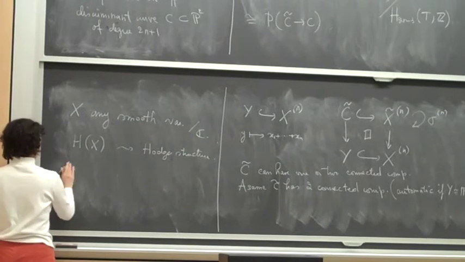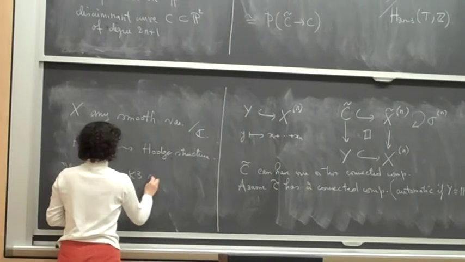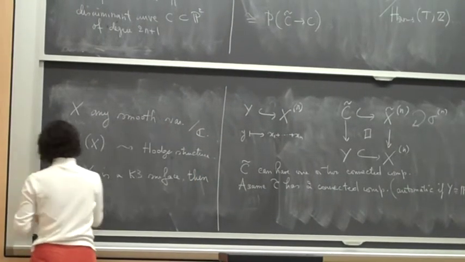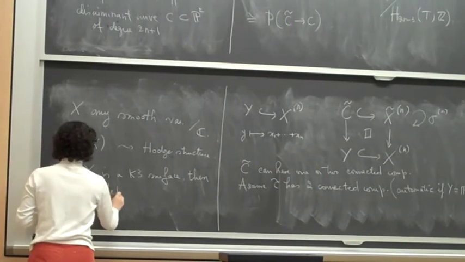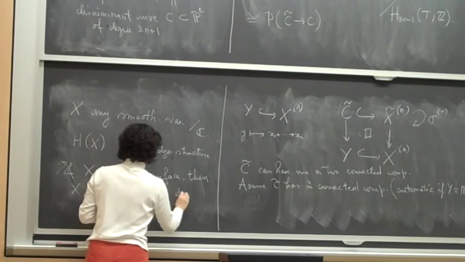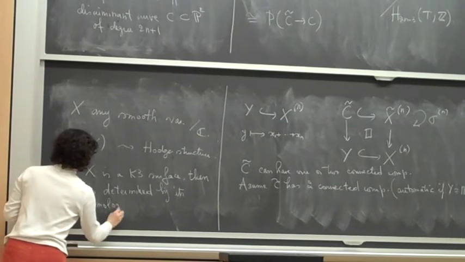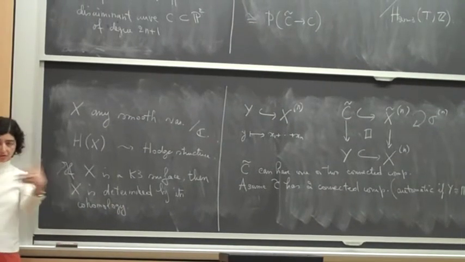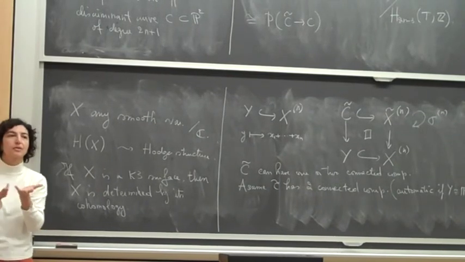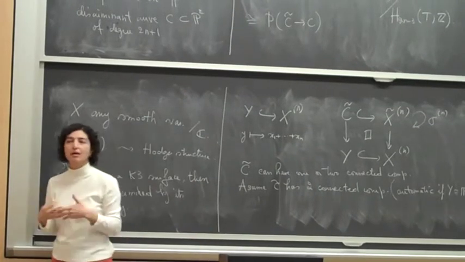So if X is a K3 surface, then X is determined by its homology. That means basically that if two K3 surfaces have isomorphic homologies, then the surfaces themselves are actually isomorphic, just like with the case of curves. If two curves have isomorphic Jacobians, the curves themselves are isomorphic.